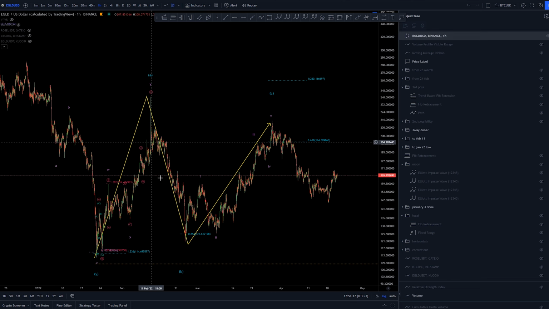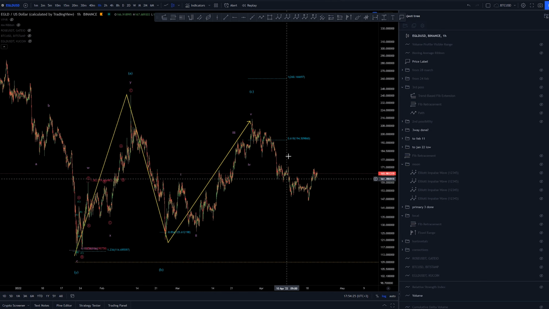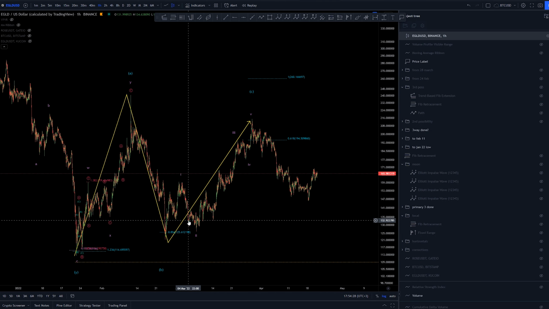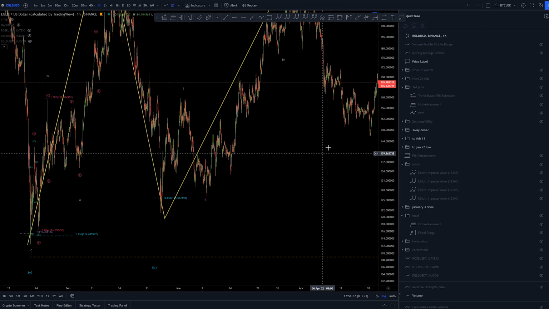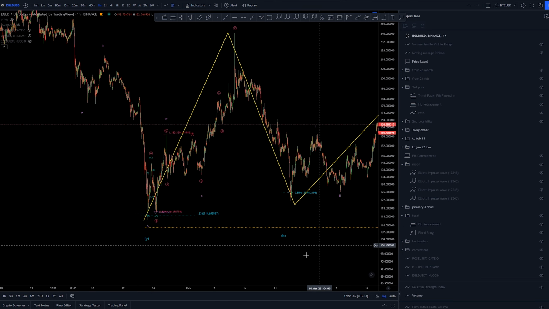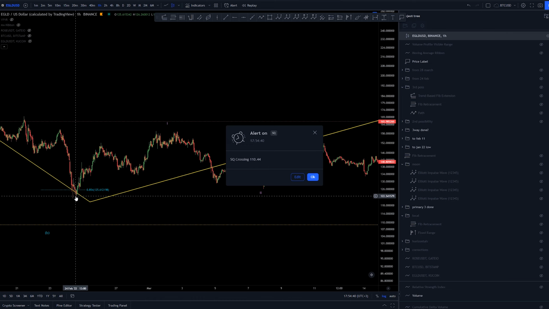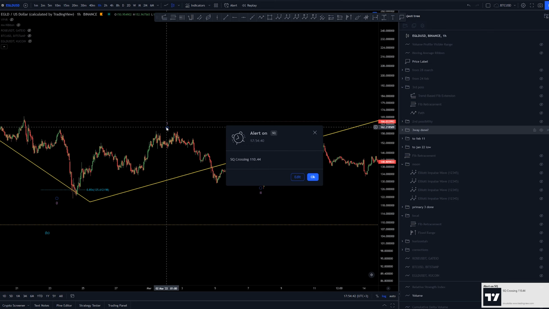For this move here in the middle for the B wave, I would label this as a zigzag if we need to look at this as a B wave. For the C wave, I've placed this 1, 2, 3, 4, 5. It is definitely not pretty. I would rather look at it as an ABC, but we can see some possibility of saying that this is 1, 2, and this would be 3, 4 and 5.